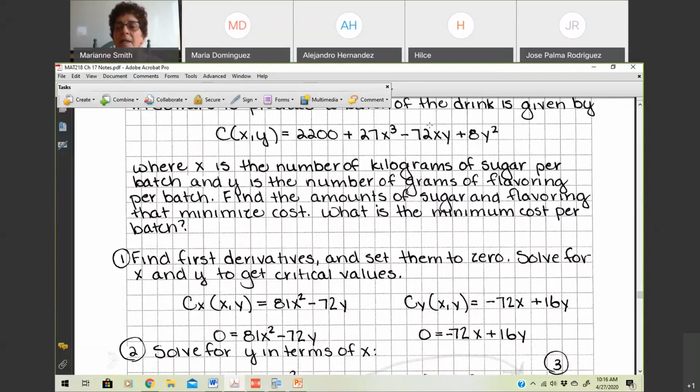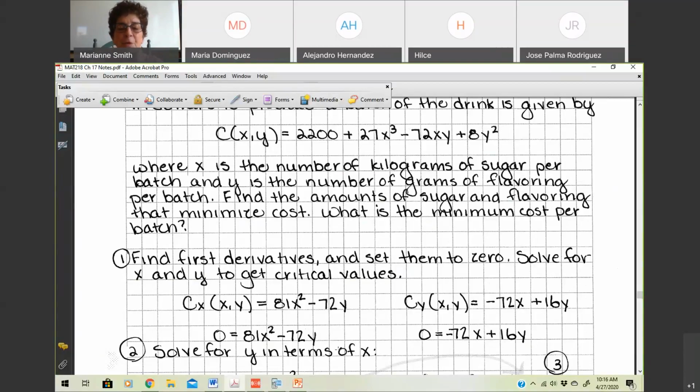Here, the derivative with respect to x is a 1, and negative 72y comes along as the coefficient. If I differentiate with respect to y, I'm only going to get something out of the last two terms. This term, the y will give me a 1, and I'll get negative 72x as the coefficient. And here I'll get negative 16y.